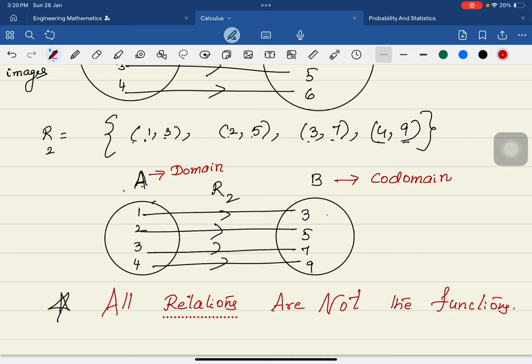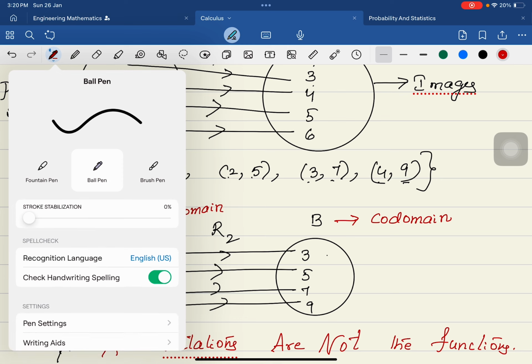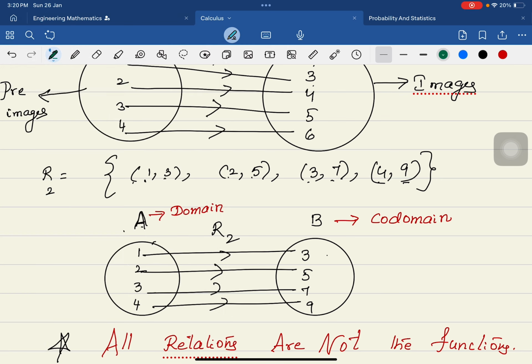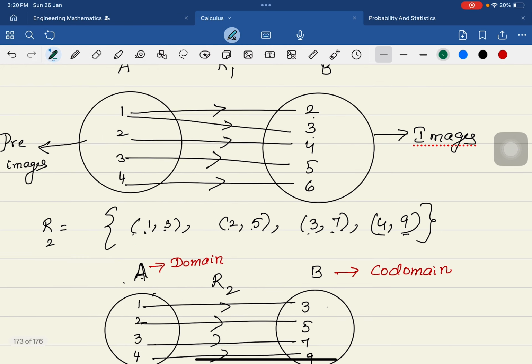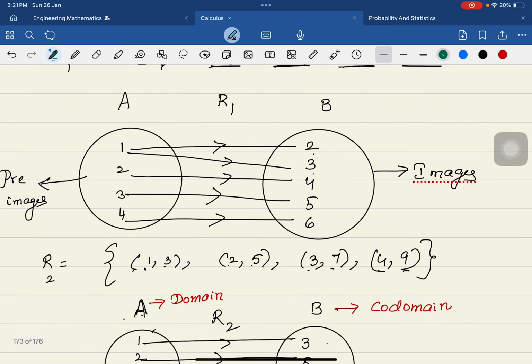But when do you say that a relation is a function? When each element in the domain set has different images. Now if you have the set, R1 is a relation. In this relation R1, 1 has the image 2, and it also has the image 3.